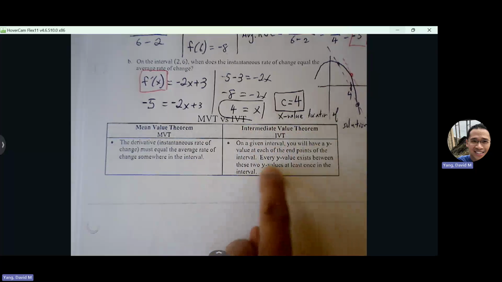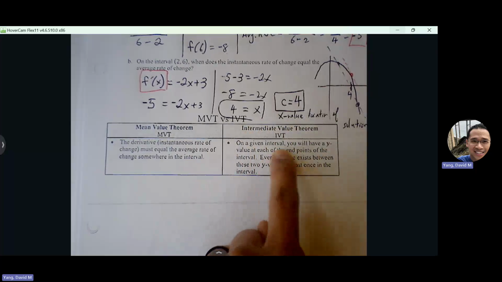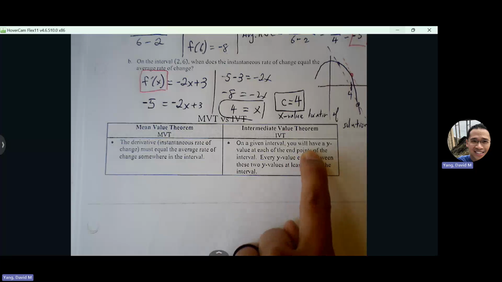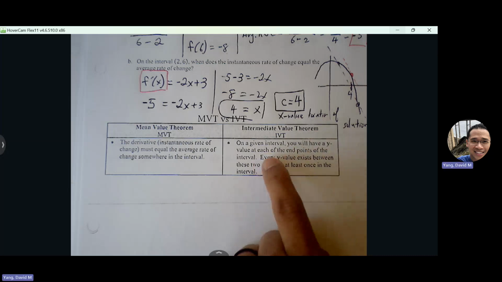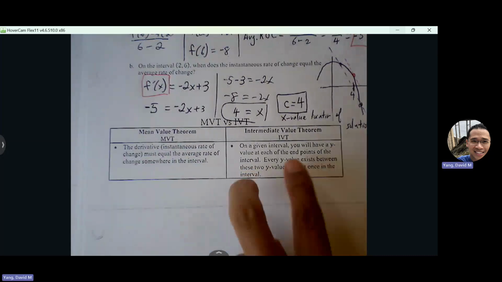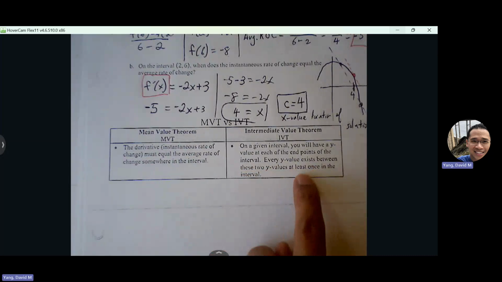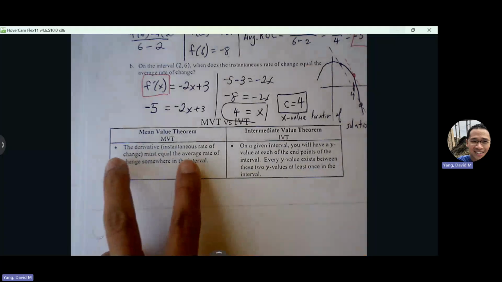IVT, I think, is always the easier one for us to try, because if I'm trying to guarantee a y value, then I simply have to identify two endpoints above and below and see if I can guarantee that y value between.